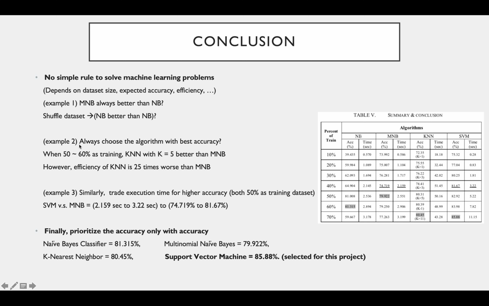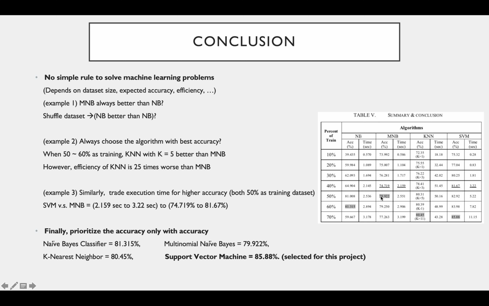And example two is: do we need to always choose the algorithm with the best accuracy? When we use 50 to 60% as training, the KNN algorithm with k equals 5 has better performance than the multinomial naive Bayes. However, we can see from the table that the efficiency of KNN is much worse than the multinomial naive Bayes.